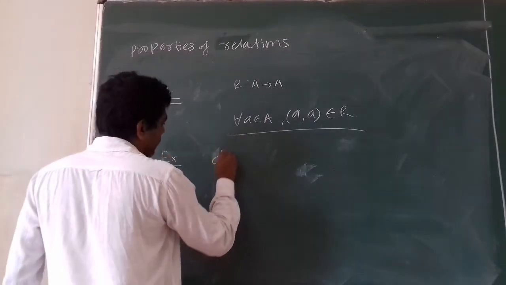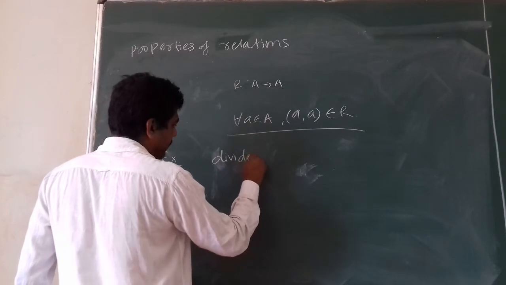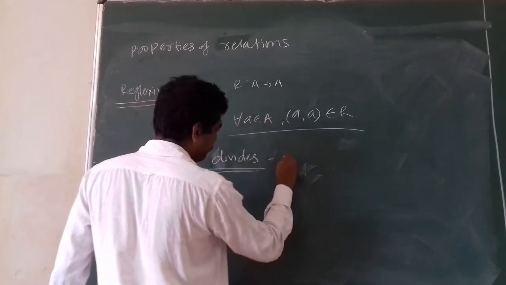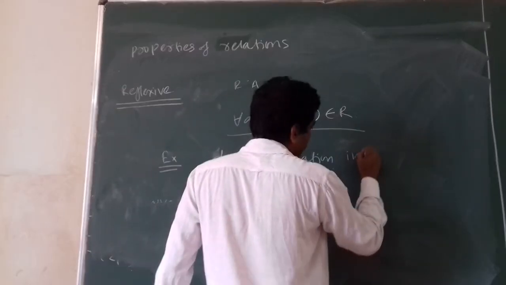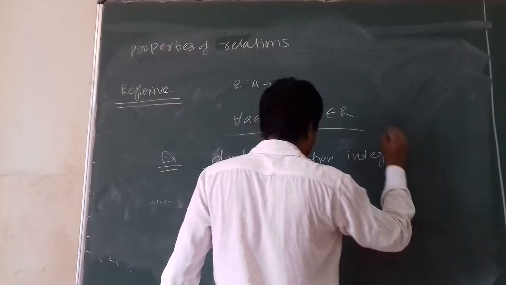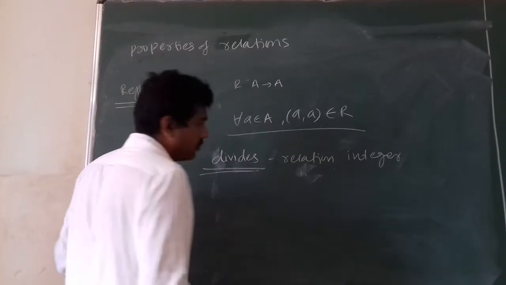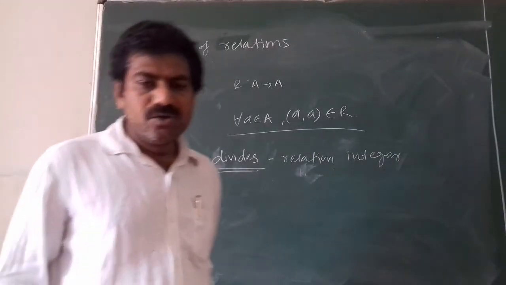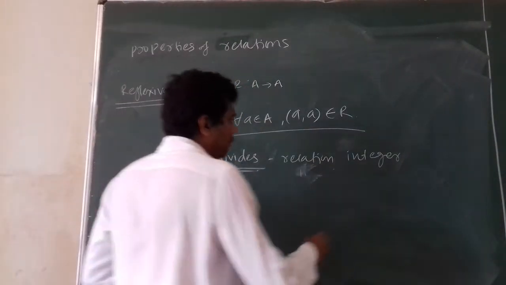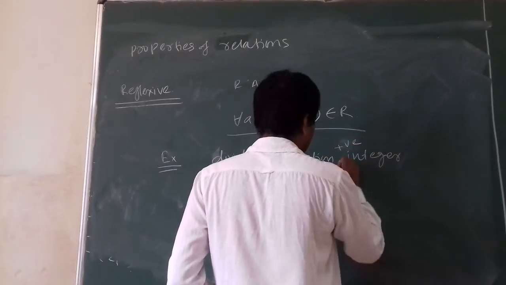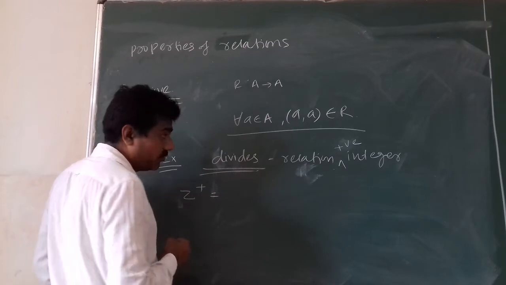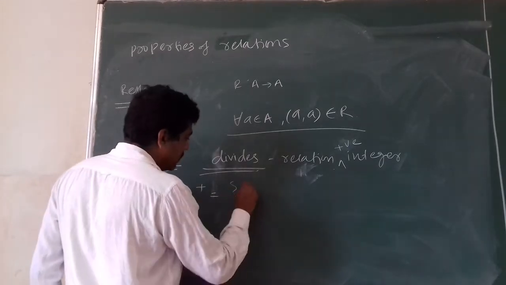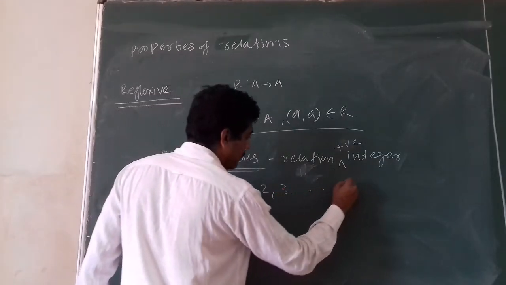So for example, let's say divides is the relation on positive integers. Z plus is the notation for the positive integers: 1, 2, 3.